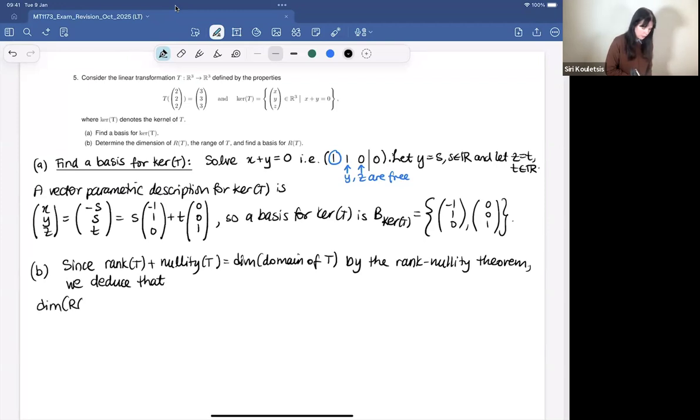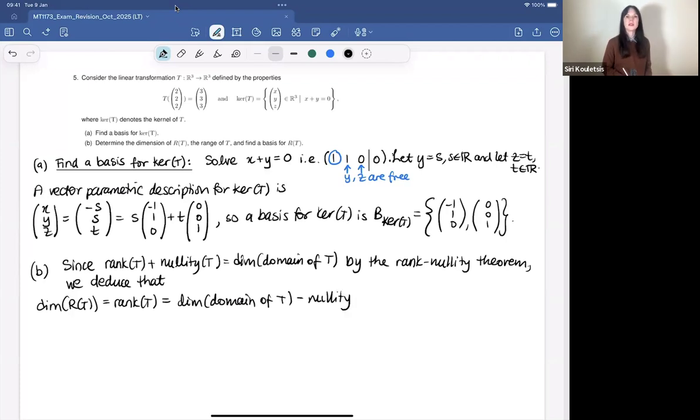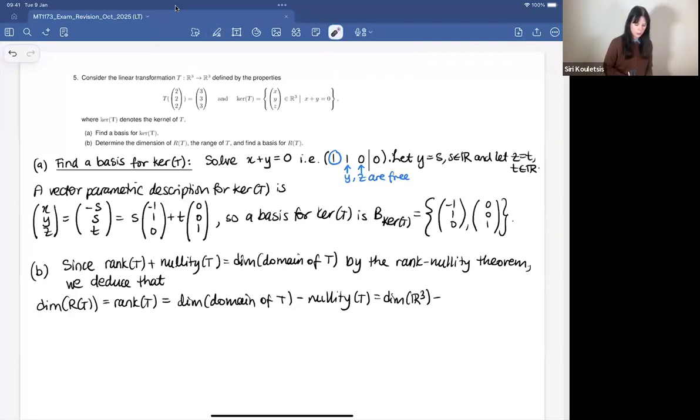And the dimension of the range of T is equal to the rank of T, which is equal to the dimension of the domain of T minus the nullity of T. We've already seen that the nullity of T, the dimension of the kernel of T, is 2, since a basis for the kernel contains 2 vectors. And so the dimension of the range of T is 1.